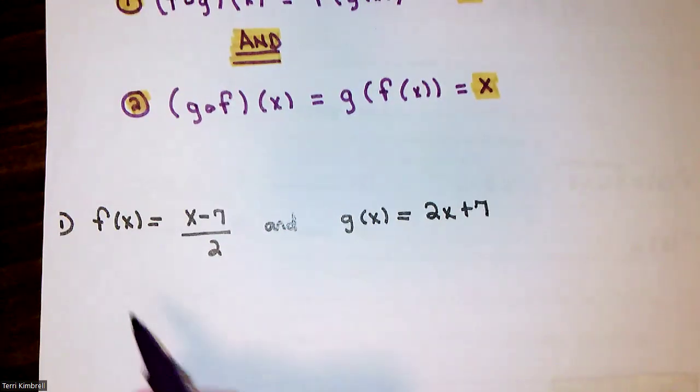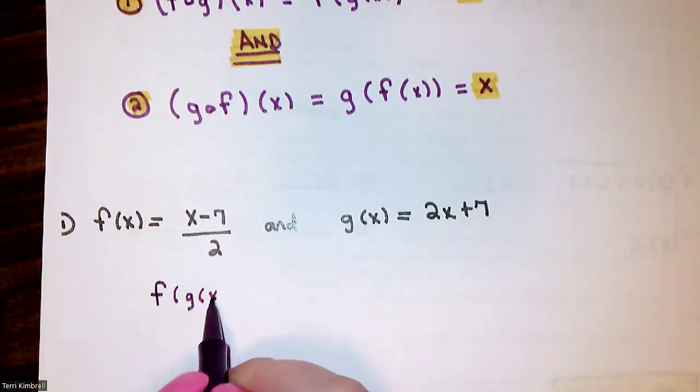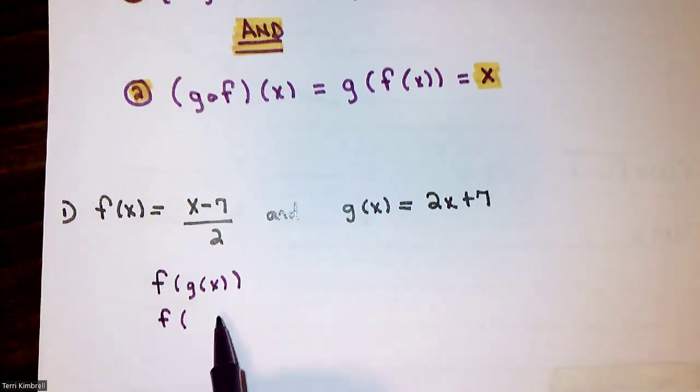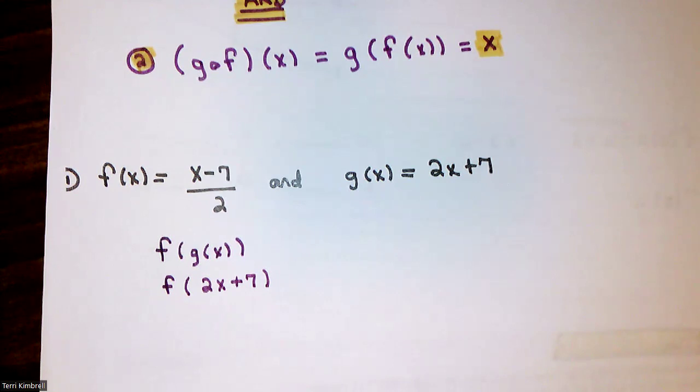As we go to this one, we're going to try f of g of x. So I'm going to write down my g of x, and everywhere I see the x in g of x, I'm going to put 2x plus 7.